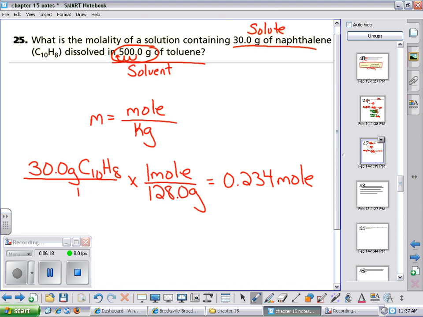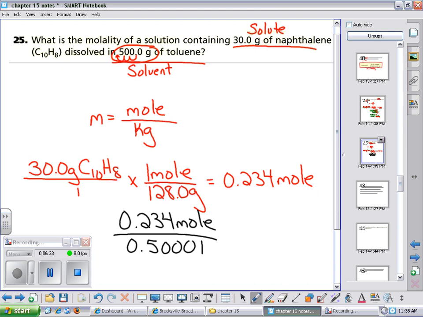So now we can go ahead and plug this in. So I have my moles divided by my kilograms, which is 0.5000. Keep all those numbers, they're significant. We're going to divide them.